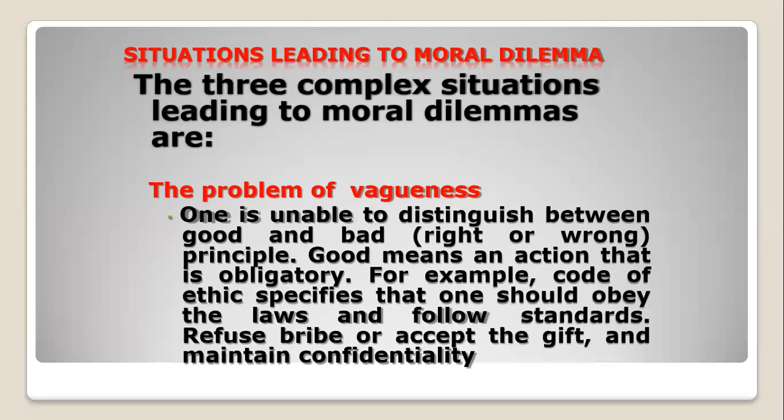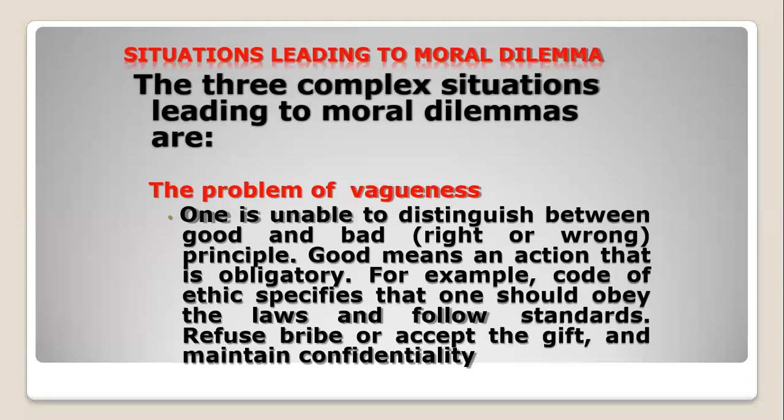Vague means not clearly expressed or perceived, not specific or exact. For a given situation, sometimes it is unclear to engineers how to apply the most appropriate moral considerations or principles. They may not know which moral principles to use in resolving a moral problem. This situation creates a typical moral dilemma.